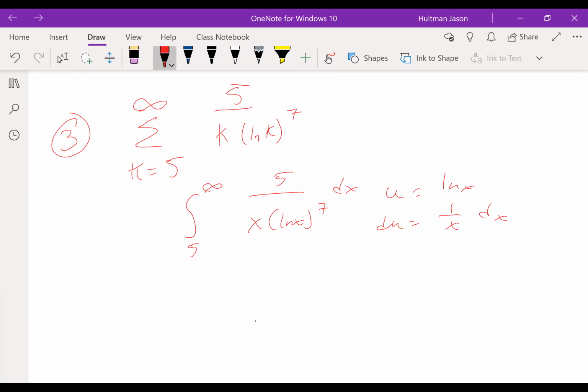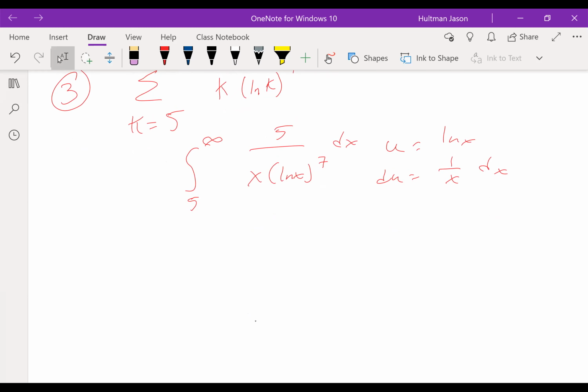Okay, so let's see if this thing converges or diverges, using the integral test. Let's integrate this guy. So this is going to be 5 over u to the 7th du. I'm going to go u of 5 to u of infinity.